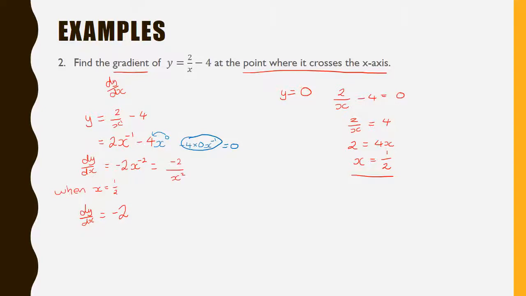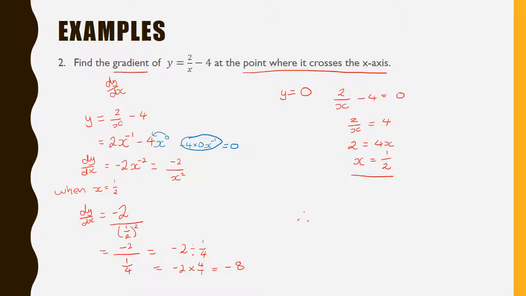So I've got negative 2 over a half squared that I'm substituting in. That's the same as negative 2 over a half squared: 1 squared is 1, over 2 squared is 4. Another way to think about this is that we've got negative 2 divided by a quarter. Our fraction rules tell us that that's the same as saying negative 2 times 4 over 1. So we get an answer of negative 8.